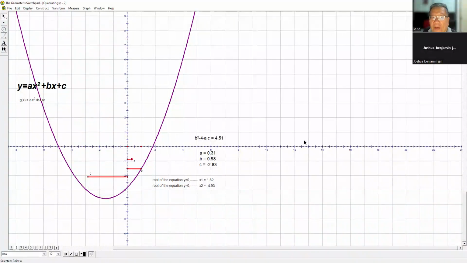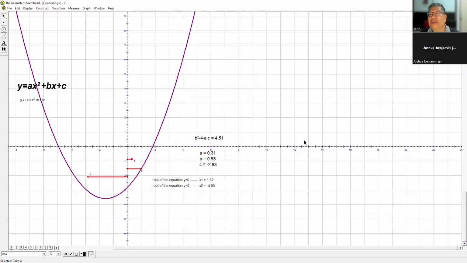Now, whether it cuts the x-axis or not, you have to solve the equation. Do you know how to solve the quadratic equation using the formula? Yes. Okay, so you can use the formula to solve the quadratic equation.